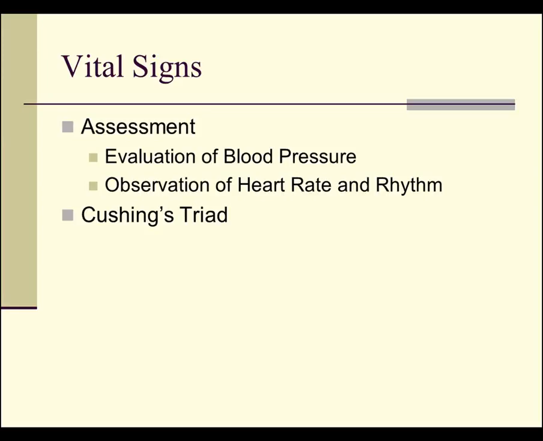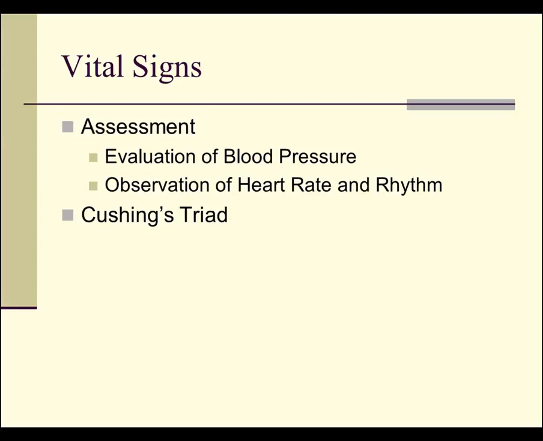The mechanisms of autoregulation are often impaired as a result of traumatic brain injury. The more serious the injury, the more severe is the impact on the autoregulation of the body. Monitoring the patient's blood pressure and pulse can let us know if there's been a change in cerebral blood flow.